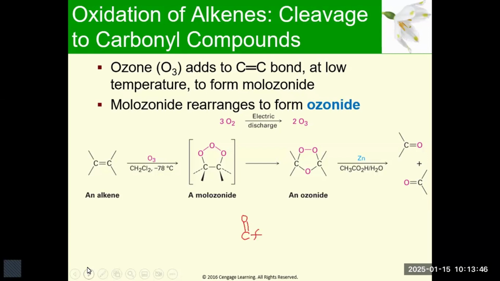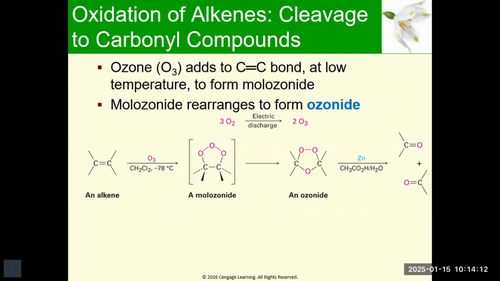And of course, this carbon can be attached to any R groups. And so this part right here is the carbonyl. And so what we're seeing is an alkene creating a carbonyl, but it's through cleavage. So let's look at the mechanism.